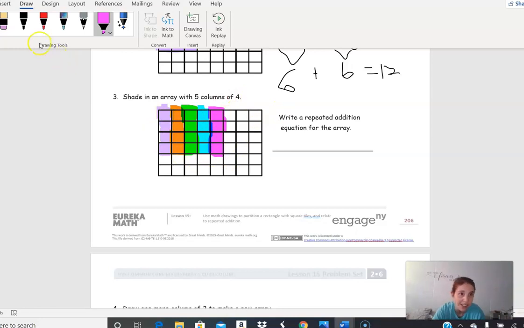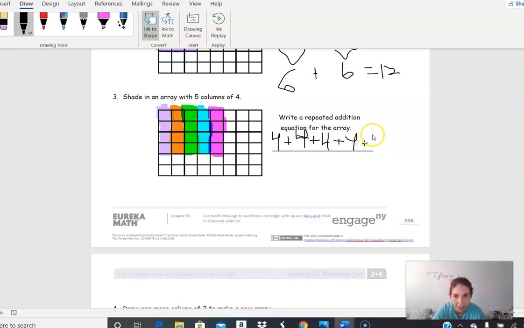So for our addition sentence, we will add 4 plus 4 plus 4 plus 4 plus one more 4.